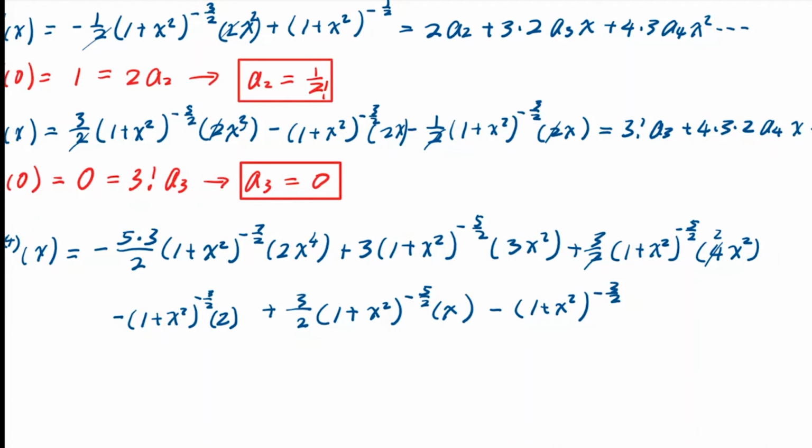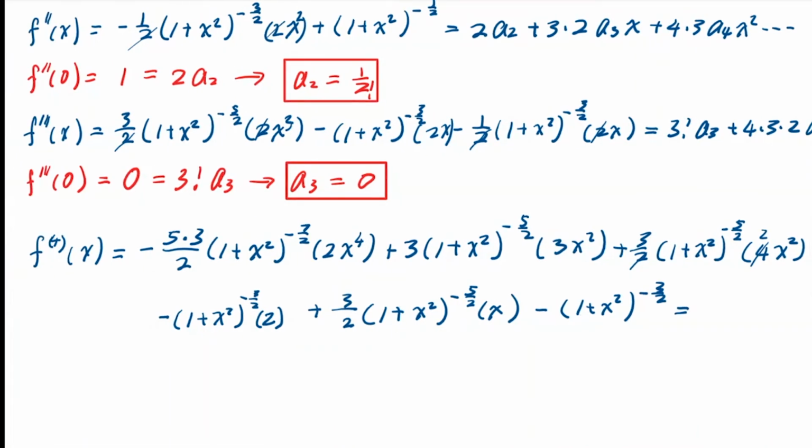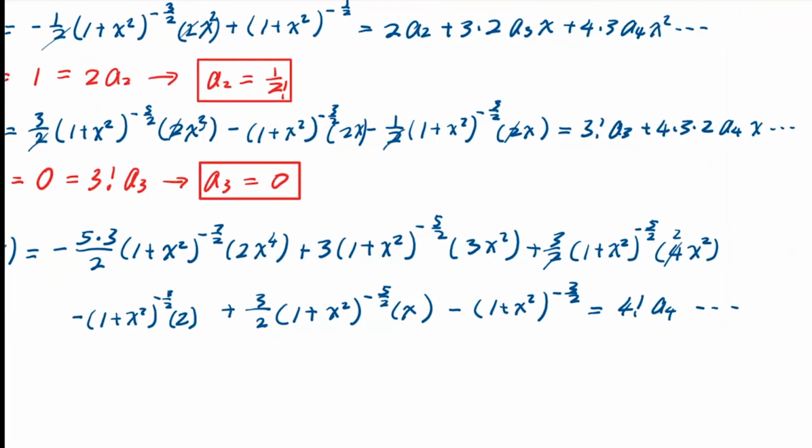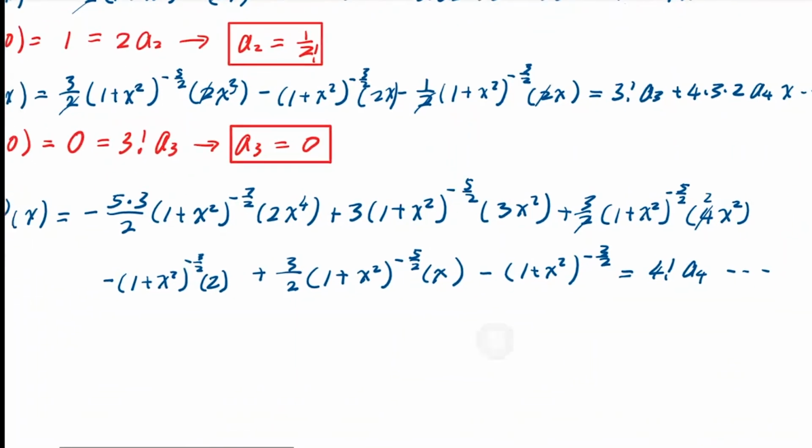And if I forgot something, now is a good time to let me know. And the other side is 4 factorial a4 and so on. You see how ugly this thing gets? Thank God we are stopping right here. We are not going to the next level.